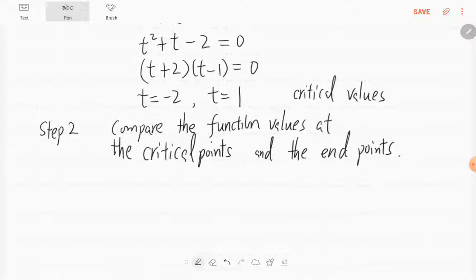Then we can get the largest value and the smallest value. The largest one would be the global or absolute maximum. The smallest one would be the absolute minimum.